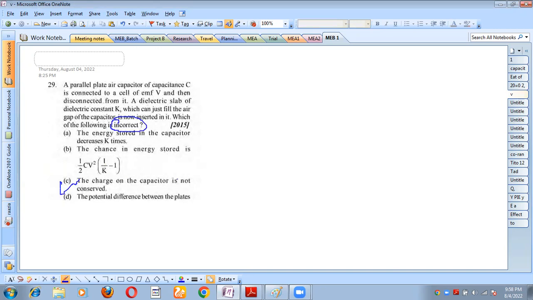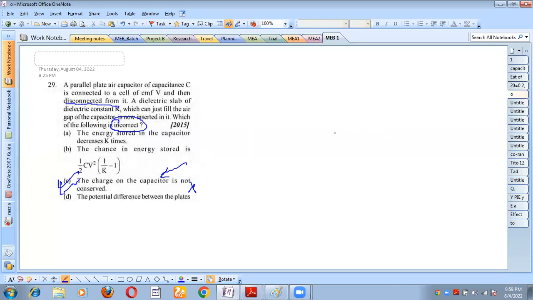We all know that the charge on the capacitor is not conserved. This is the case of a parallel plate capacitor of capacitance C which is then disconnected, so it is the case without battery, right? We know that without battery, charge is conserved. So without going to the other options, we can directly see that this is not correct. So C is the correct answer. We don't even need to see the other options.